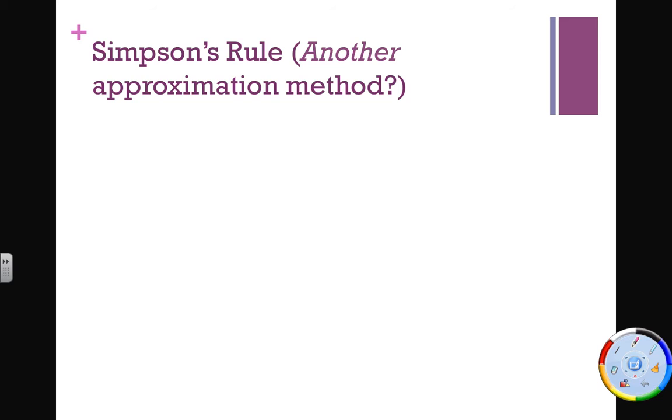Well, it just so happens that Simpson's Rule is another approximation method. And you're probably asking yourself why, and you know what? So was I. And it just so happens you do a little bit of reading in the textbook, and I do that every once in a while. I have to make sure I understand what they're talking about.